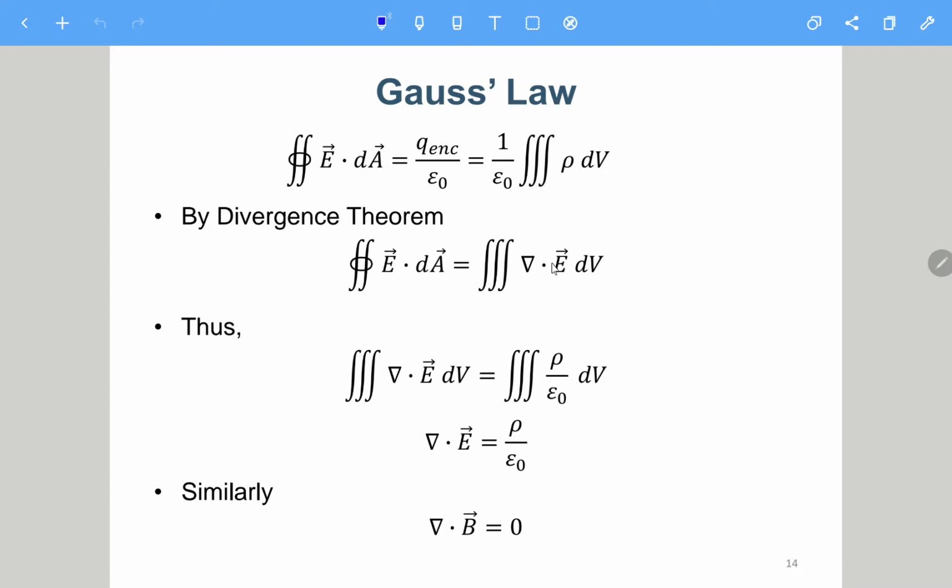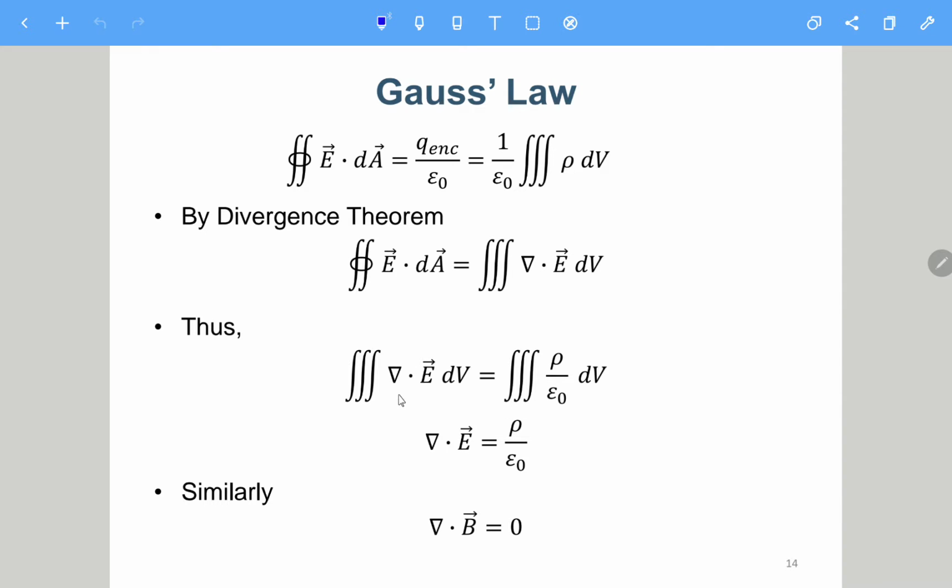So this is the divergence theorem applied to the E field. This is actually the same as this one, which means that we have this triple integral equal to this term. So we put this one here and this one here. Actually, for these two triple integrals, they are integrating over the same volume.